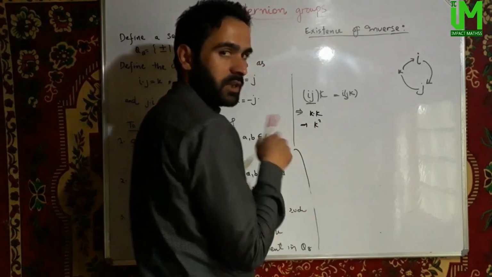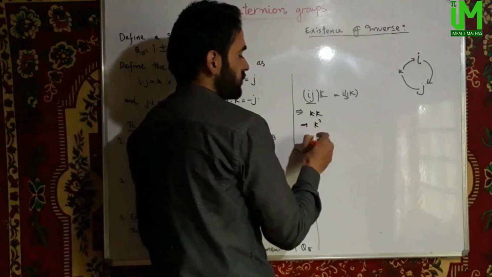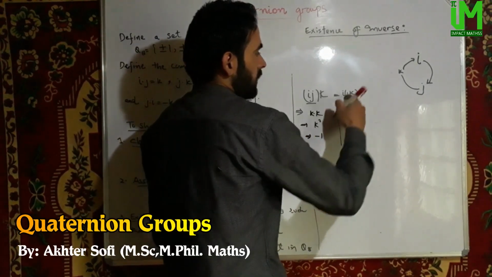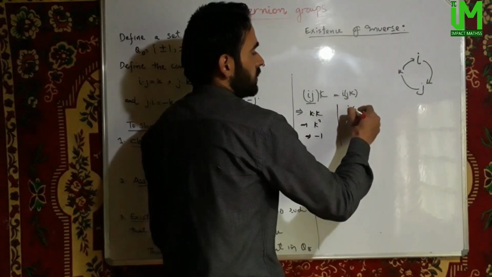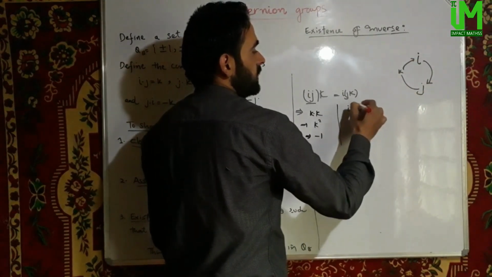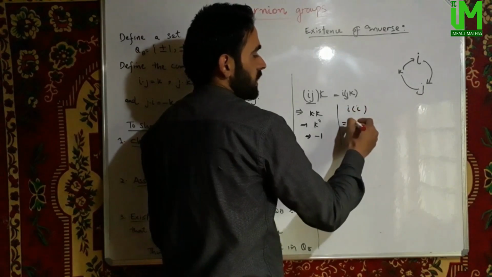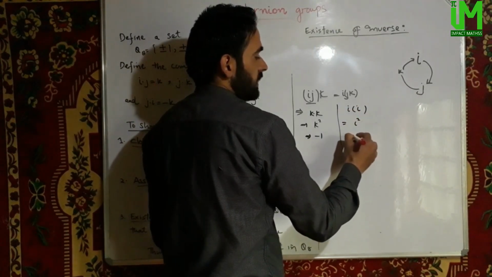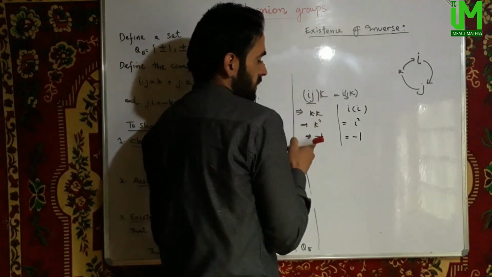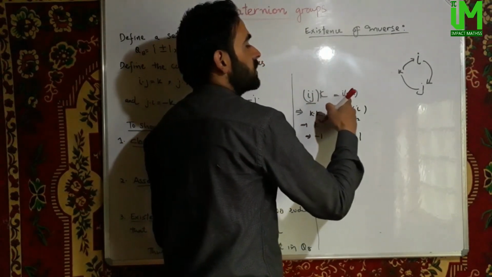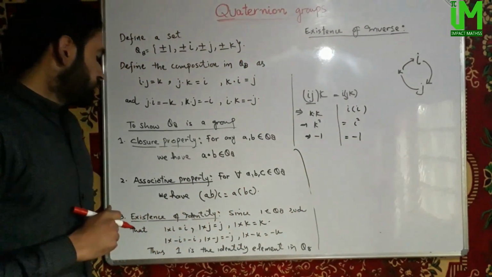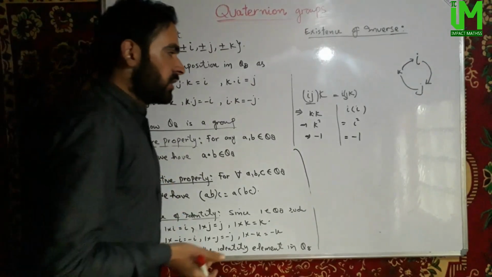Since k behaves as a complex number, k square will be minus 1. Now i dot jk, jk gives i, so it will be i into i, which is i square, and i square is again minus 1. So i.(j.k) will be minus 1, and (i.j).k will be again minus 1, which means the associative property is also satisfied.